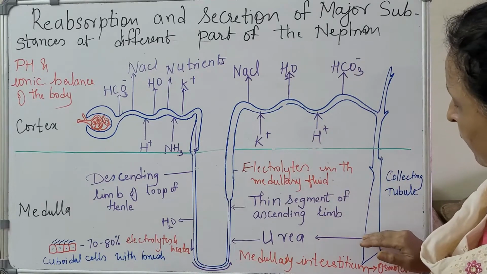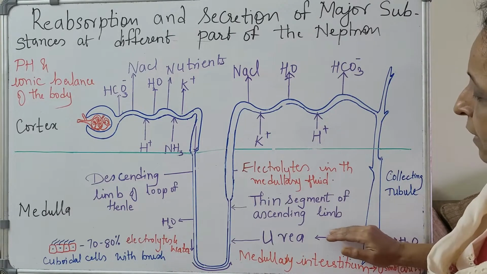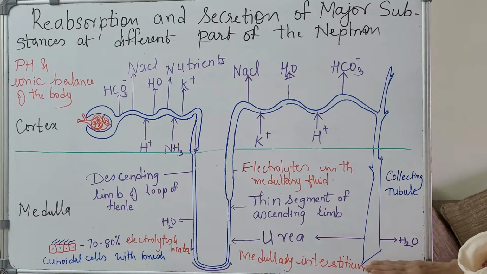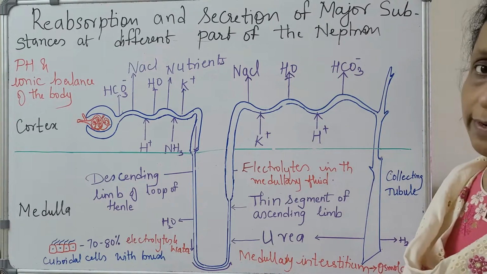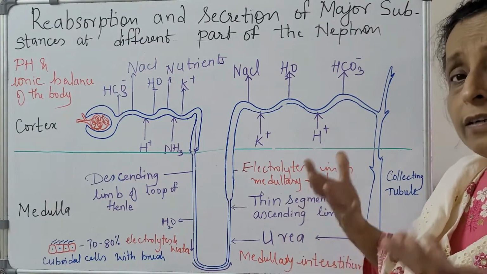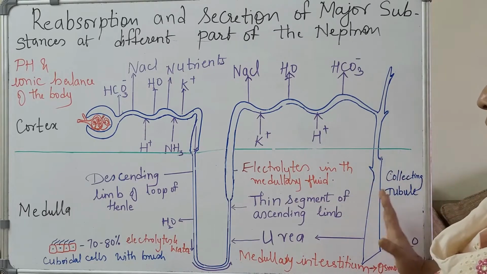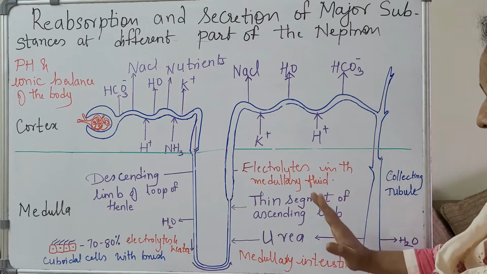This collecting tubule will secrete some urea into the medullary interstitium to maintain the osmolarity. That is, water and electrolyte balance has to be maintained. Therefore, it will secrete some urea.